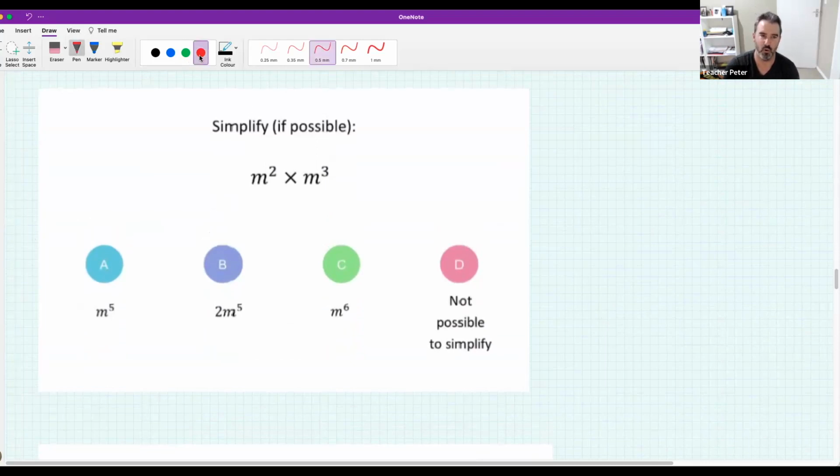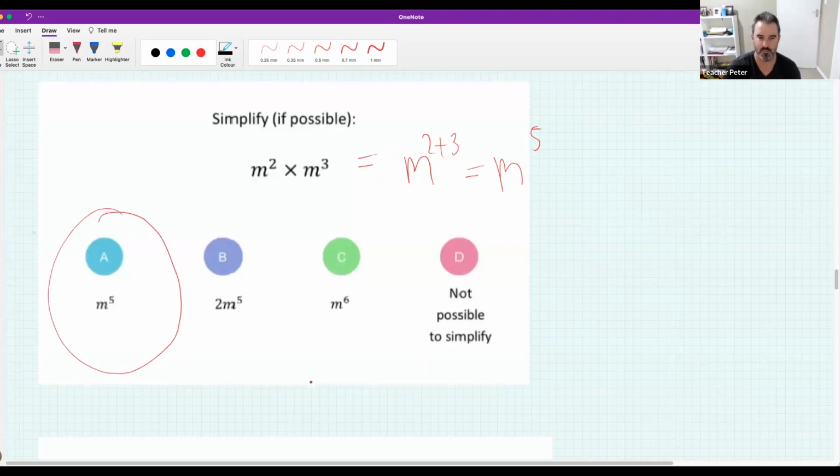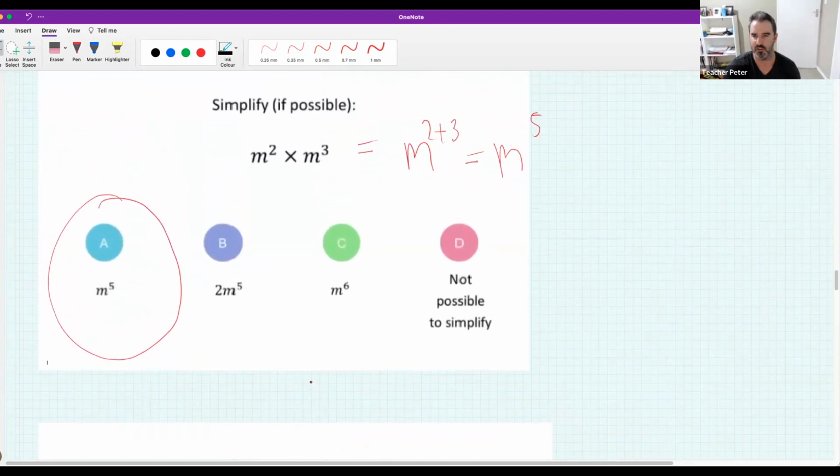So this is law number 1, where the bases are the same. And so all I need to do is add the powers, and I should get m to the 5. Is there an m to the 5? Yes. It's going to be A. So that was actually quite an easy one. Okay, let's save that for after the break.